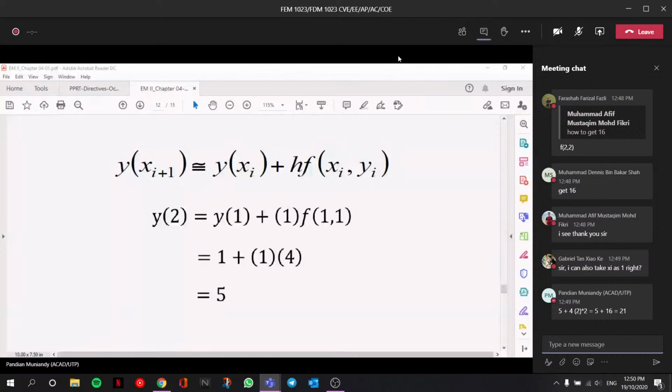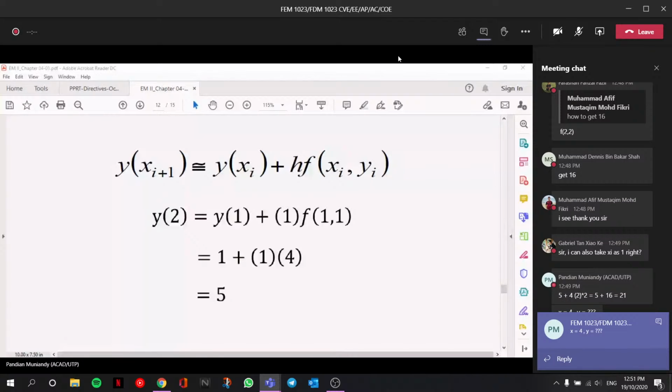So can you calculate just now at x equals to 3? So what is x? x equals to 4. So what is your y? So at x equals to 4, what is your y? So y, x0, x1, x2.